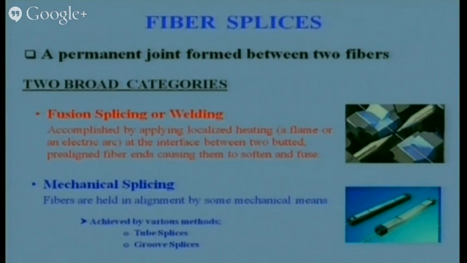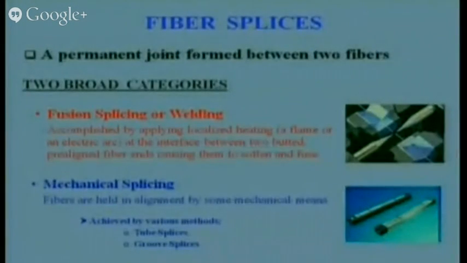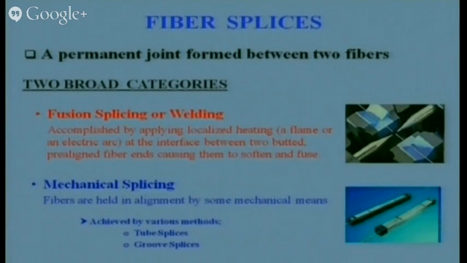It can be a tube splice or a groove splice, mostly a V groove. In a groove, my fiber can align there. The area of contact will be much less compared to the tube, so damage or pressure on the fiber in the groove is always less than in the tube.